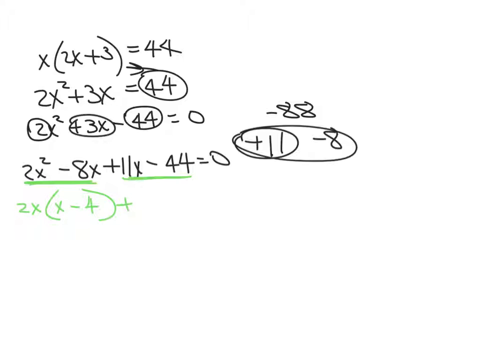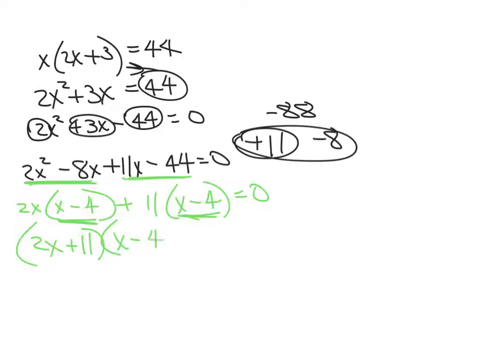Look at these, factor out what I can. And these will always be the same. So I have 2x plus 11 times x minus 4. The screen isn't real easy to see. I'm going to have to change colors.